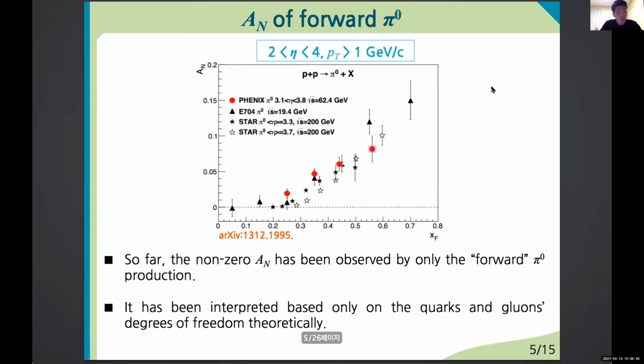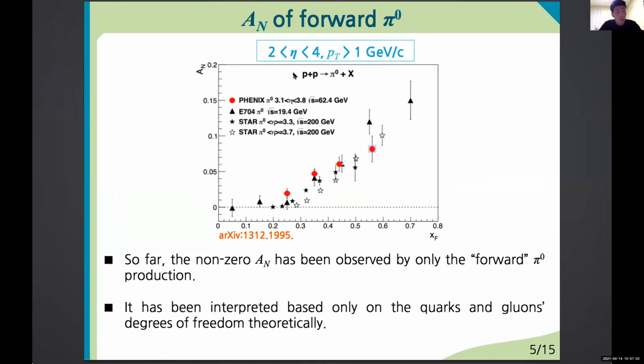Then moving on to the experimental measurements, this figure shows the π0 A_N as a function of xF measured by previous experiments. So far, the non-zero A_N has been observed only by forward π0 production, whose pseudorapidity range is between 2 and 4.